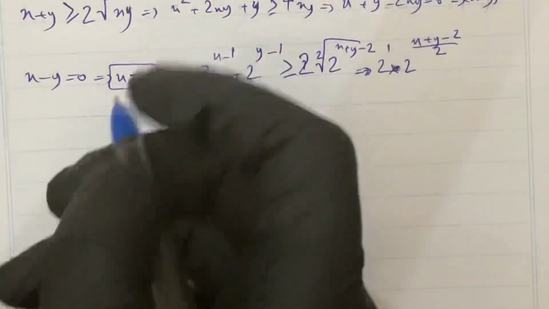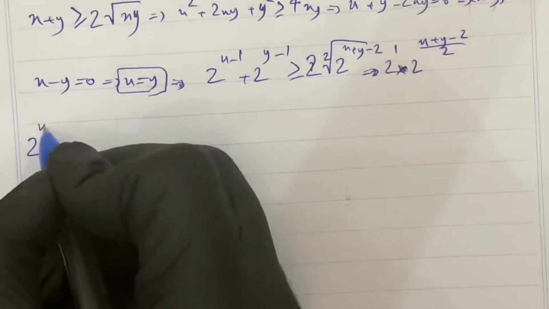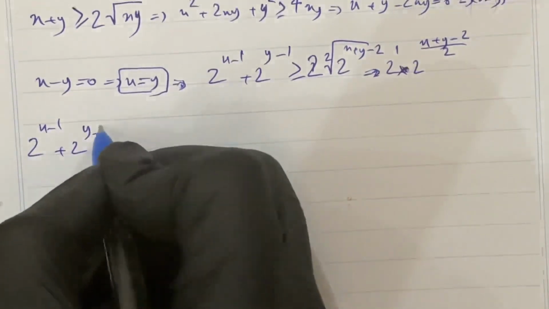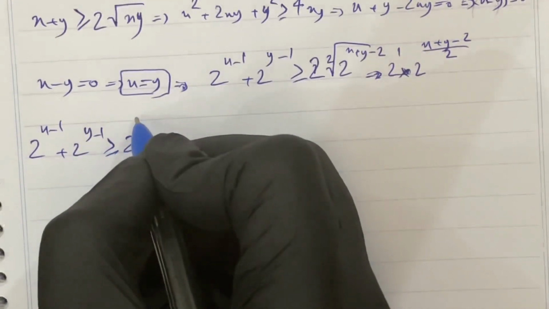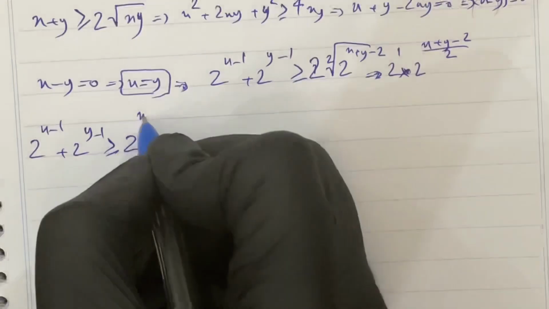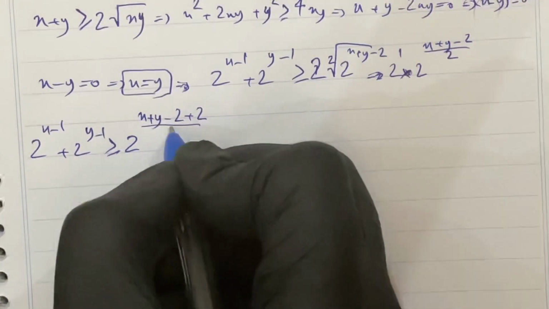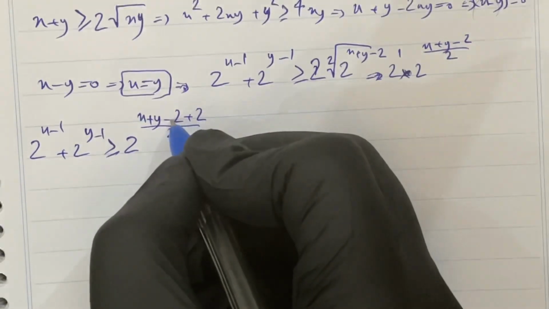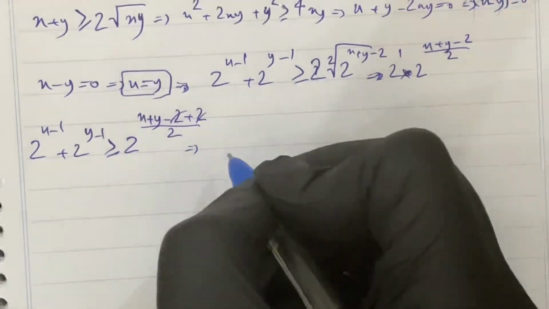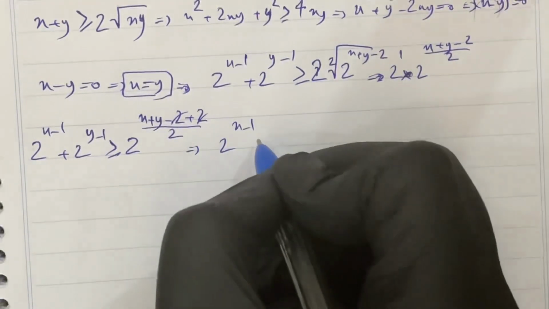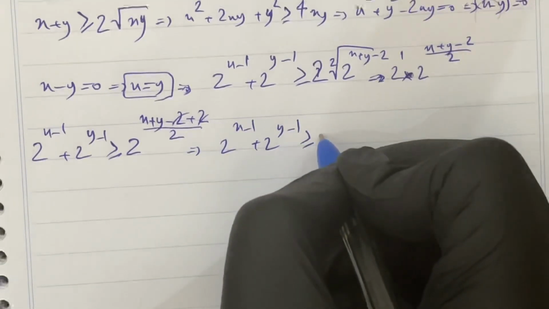To show it more clearly, I'll write it down here. We will have 2 to the power of x minus 1 plus 2 to the power of y minus 1 bigger or equal than 2 to the power of x plus y minus 2 plus 2 over 2. So you can just cancel this out, and we will have this inequality here.